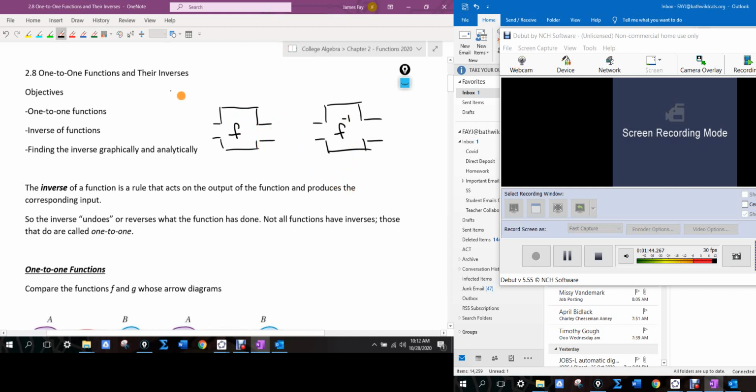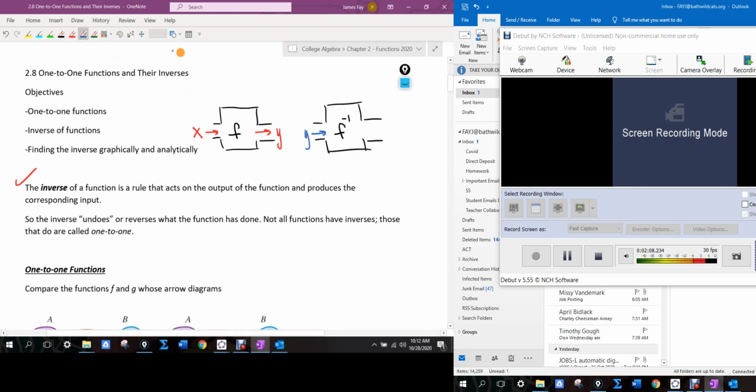We'll talk about that notation in a little bit. But essentially, you're going to take your input and run it through your first function, and it's going to give you an output. I'm going to say that output is y. You are then going to take that output, and it becomes an input in your second function, which is the inverse of the original.